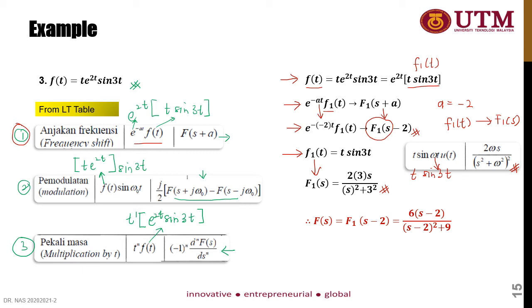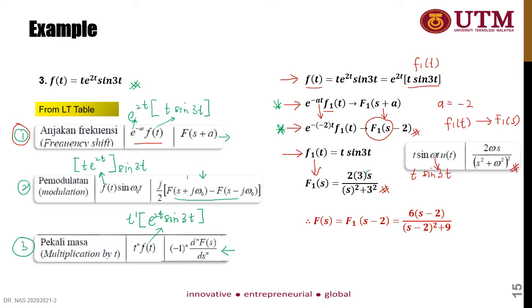So go back to the basic equation, e to the minus at f(t), equal to F1(s plus a). This is when you have entered the value. So F1(s minus 2), meaning that all s must be deducted by 2. So F1(s minus a) equal to 2 times 3 is 6.